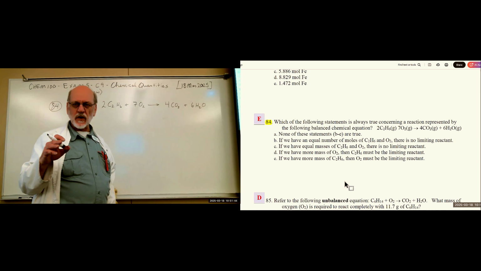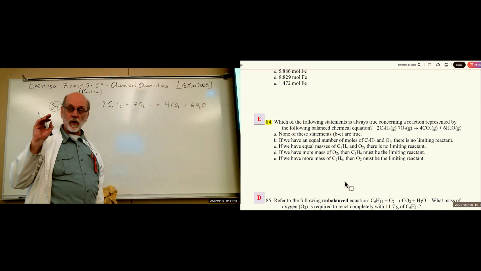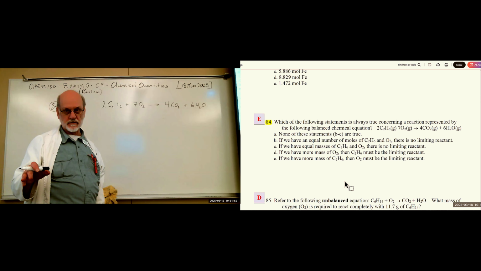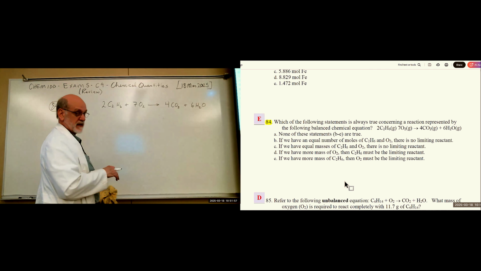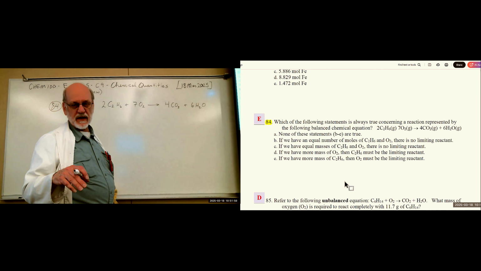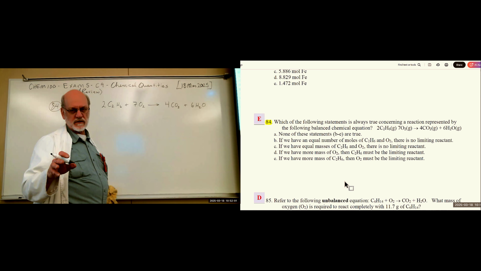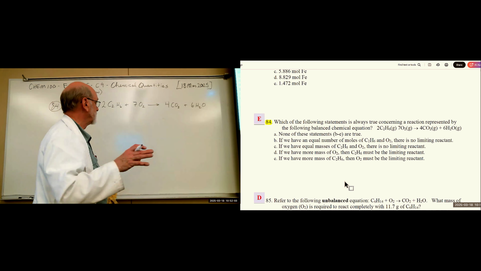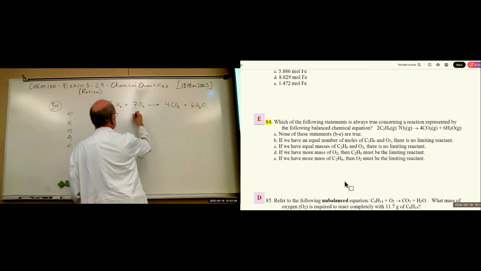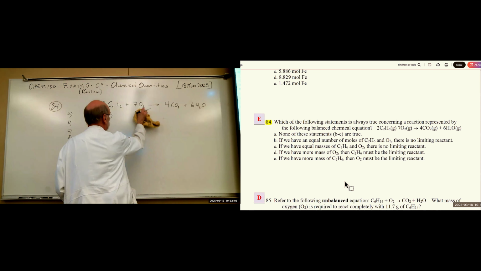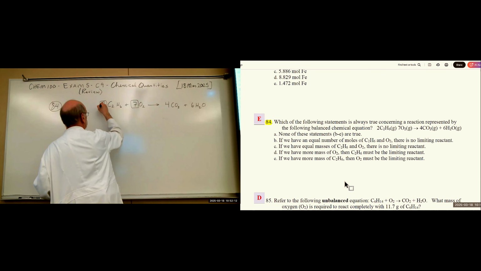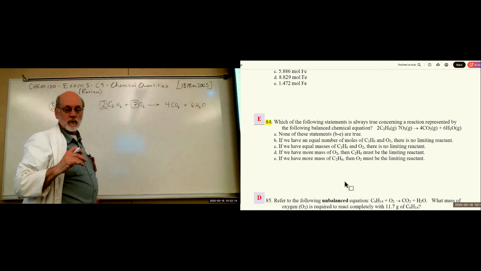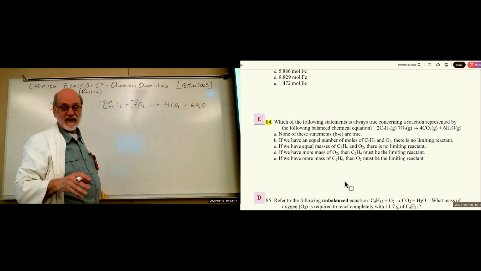So in order to tell that, I would go for comparing stoichiometric ratios first. C2H6 and oxygen, those are where we're focused. This is the stoichiometric ratio for moles. What would be the stoichiometric ratio for mass?